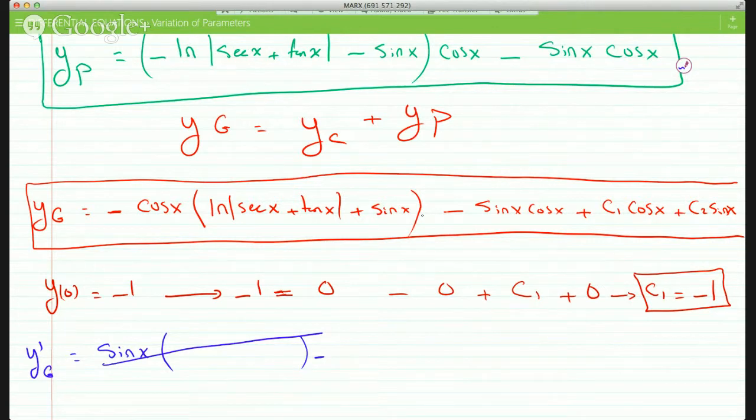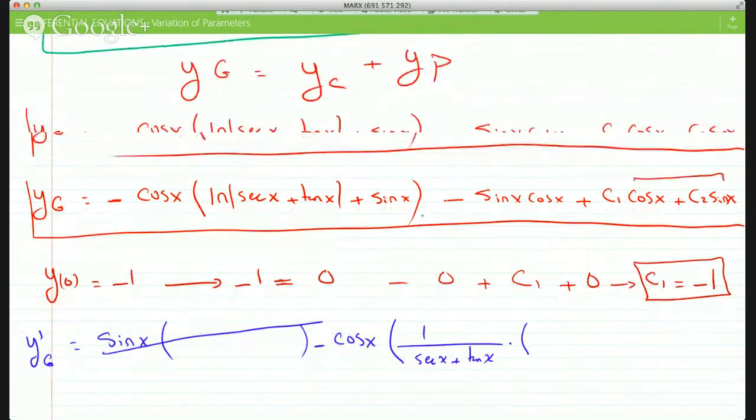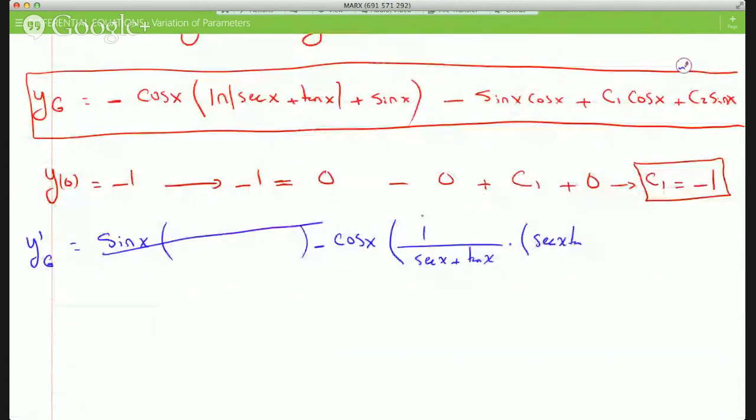Minus the first, plus minus means minus, this first as is times the derivative of the second. So that's 1 over secant x plus tan x, because the derivative of ln is 1 over its argument, times the derivative of secant x plus tan x, which is the derivative of secant, secant tan, and the derivative of tan is secant squared x.